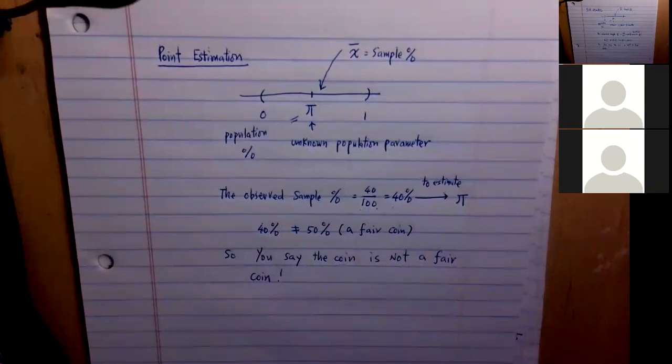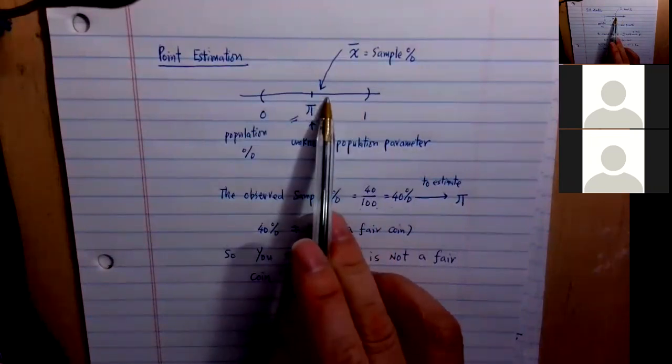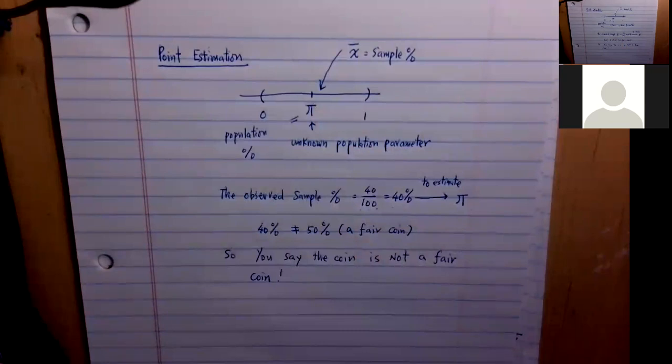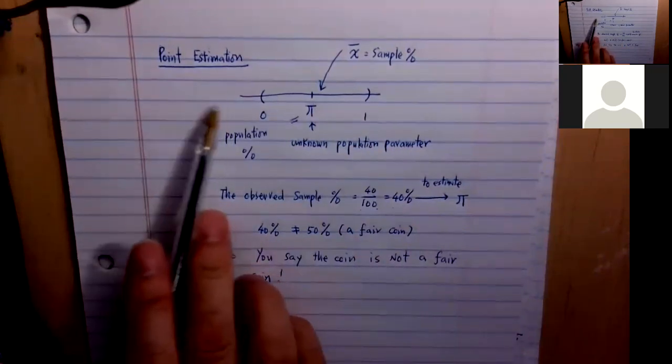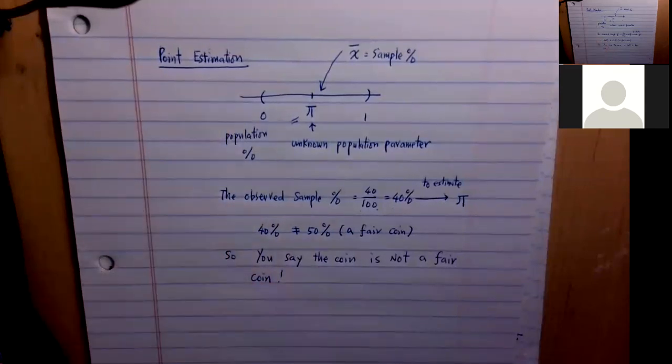Because even if this is a fair coin, you flip 100 times, you probably don't get exactly 50. So point estimation is not a very good approach. It requires some improvements. And as in my video, I say interval estimation can improve that.